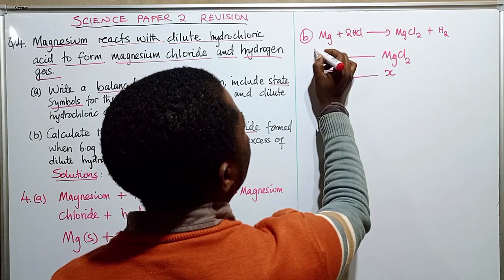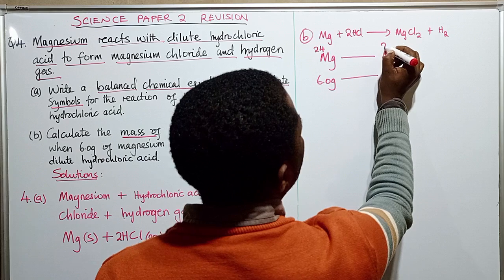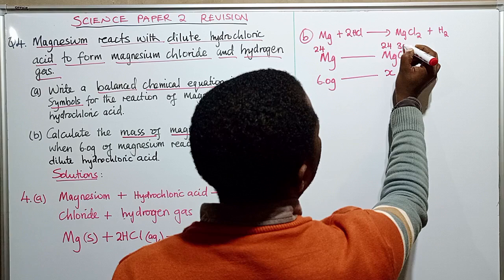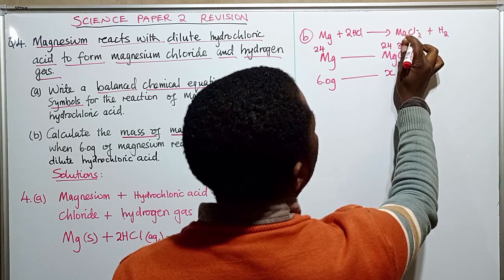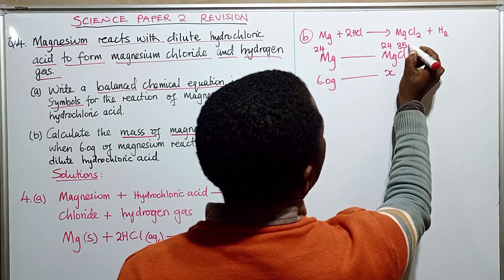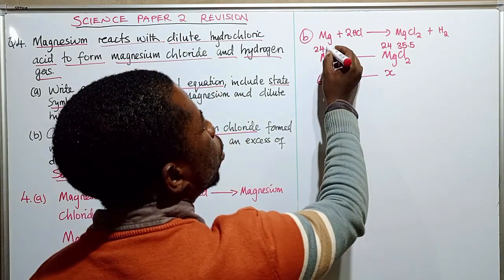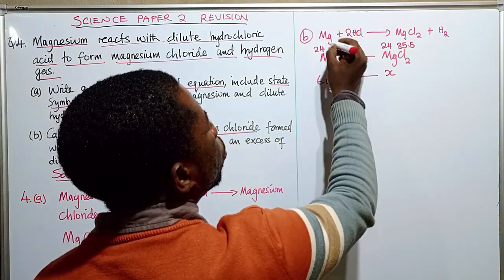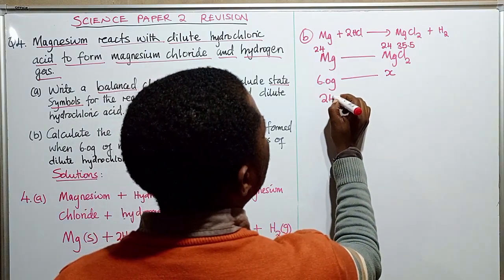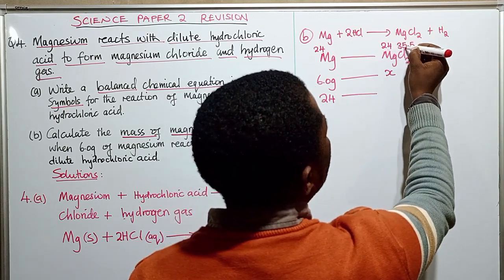Magnesium has a number here, which is 24. Here also put 24. Here chlorine has 35.5. So it is these numbers you use. Magnesium, since it is alone, you get 24 here. 24 always goes with it. Here you add this plus this.